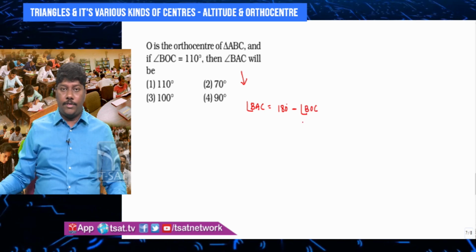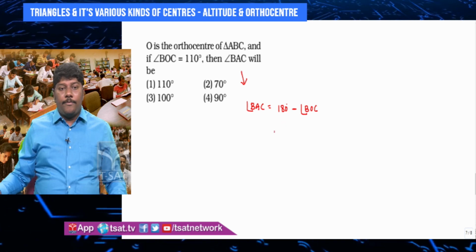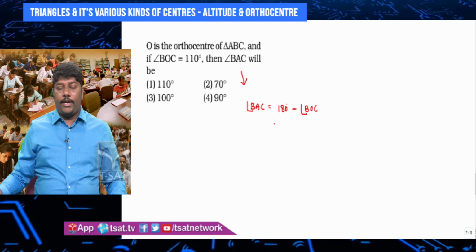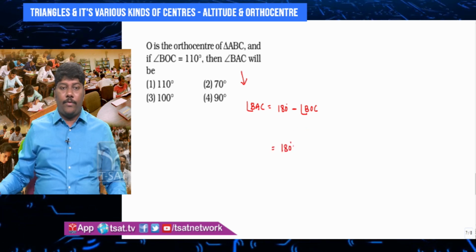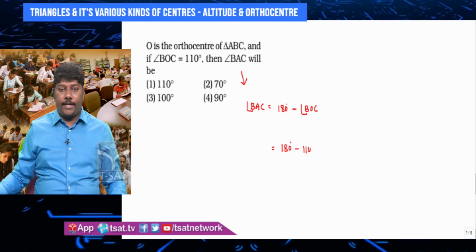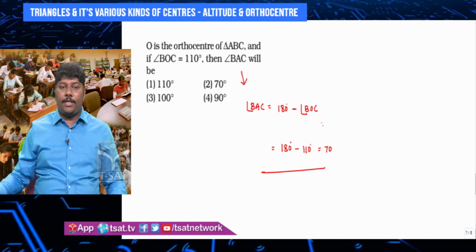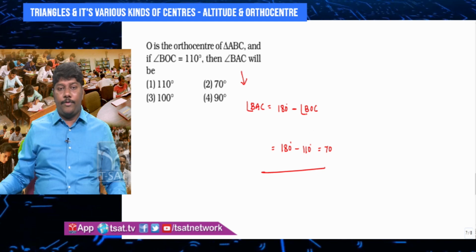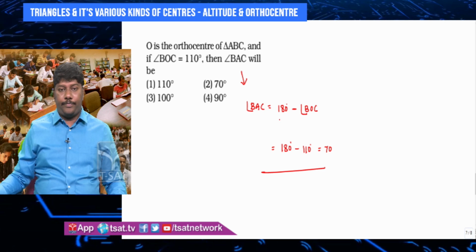If I ask you angle BOC, it is 180 minus angle A or else angle BAC. So it is vice versa, 180 minus 110, which is equal to 70. If I give you angle A 70, then BOC becomes 110. If I give you BOC is equal to 70, then angle BAC is equal to 110.